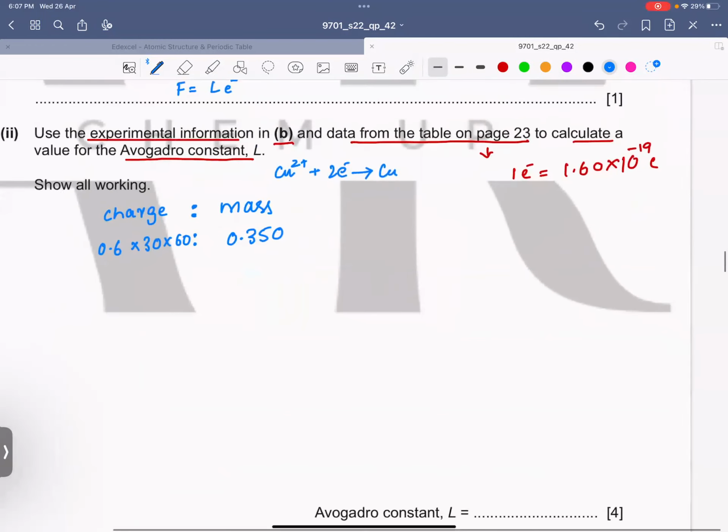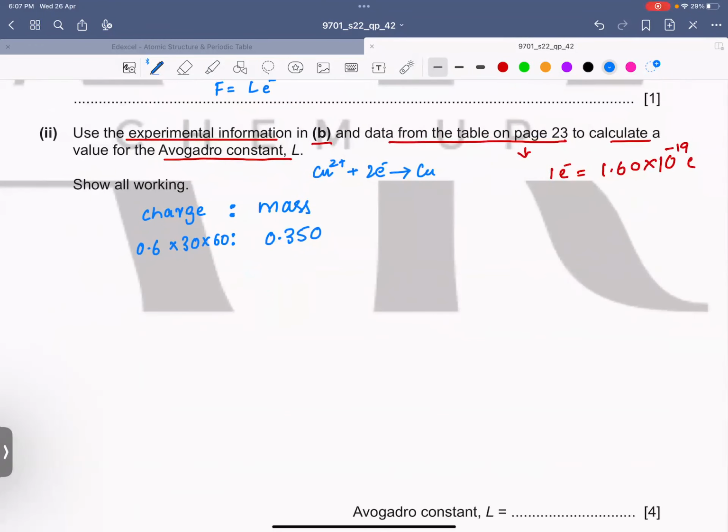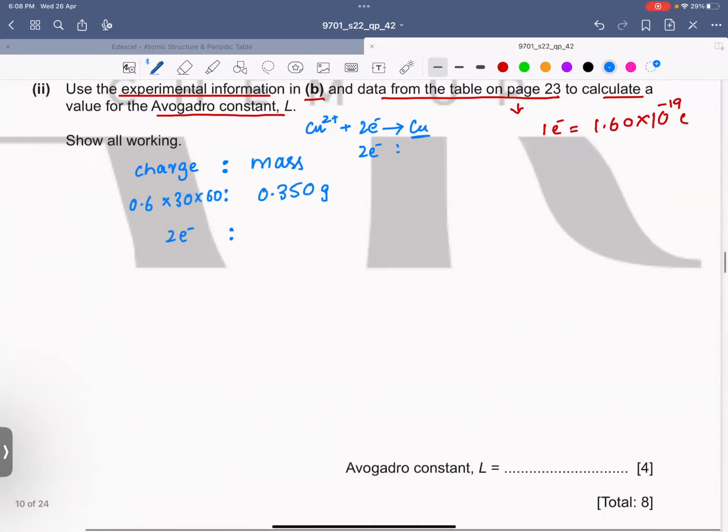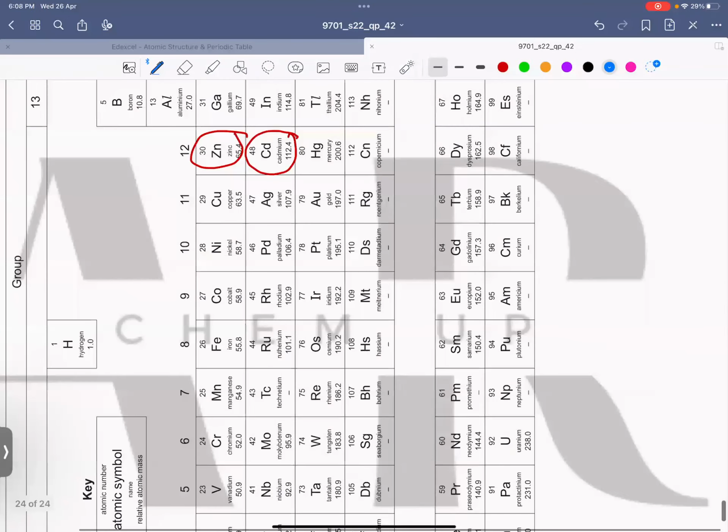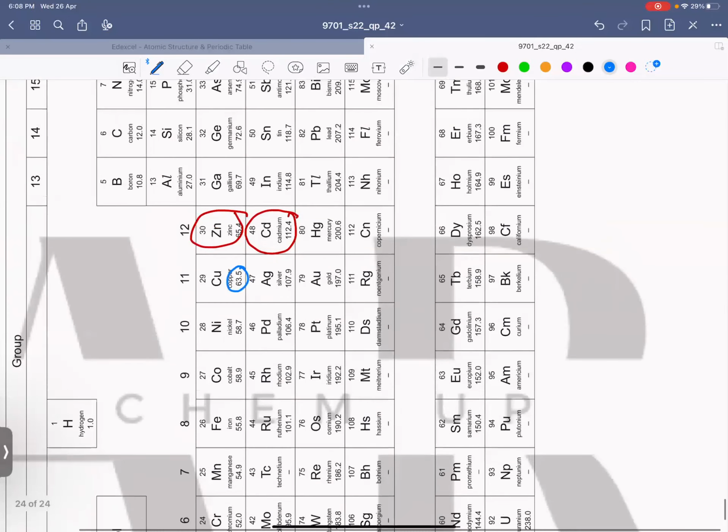If you look at the equation, here we have 2 moles of electrons, and these 2 moles of electrons produce 1 mole of copper. So I would keep here 2 moles of electrons and take the mass of 1 mole of copper, because it's a mass in grams. If you look in the periodic table, it is 63.5.